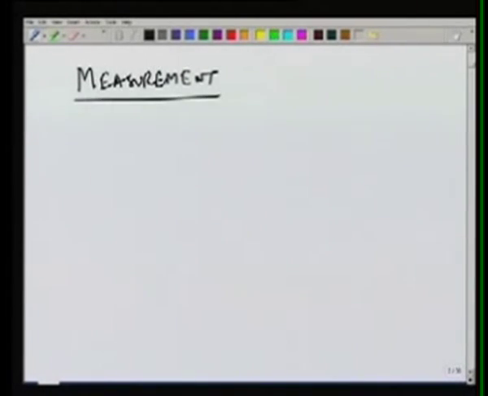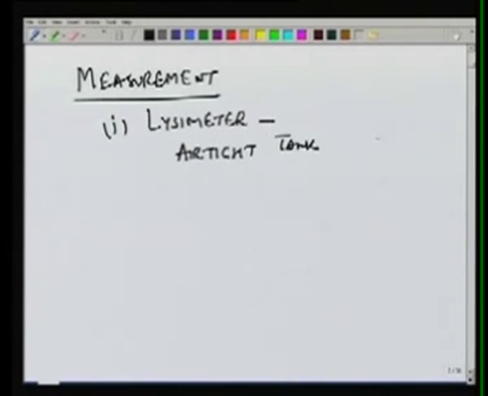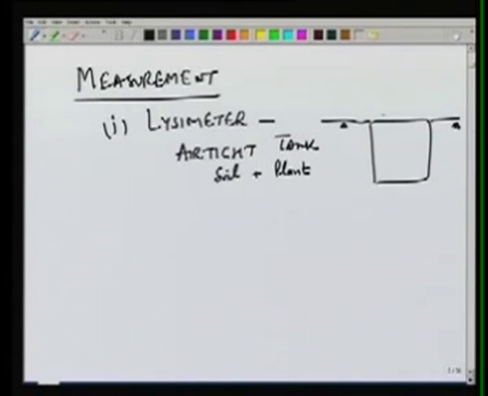Measurement of evapotranspiration. The first method which is typically used is known as a lysimeter, which is an airtight tank filled with soil and some plants, and this will be placed at the ground level so that the level of soil in the lysimeter and the surrounding area is the same.